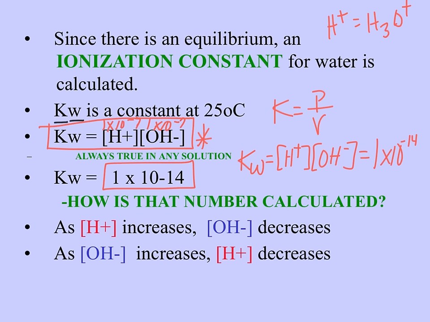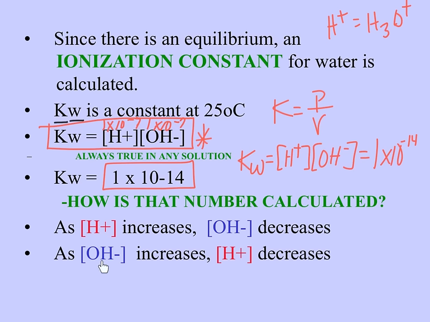All right, so then this is also something that's important to know. You actually have both of those ions in solution, and it just depends which one is in higher concentration to determine if the solution is acidic or basic. So as one increases, the other one decreases. If the hydroxide increases, then the H plus is going to go down. If you have a higher concentration of H plus, then your solution will be acidic.